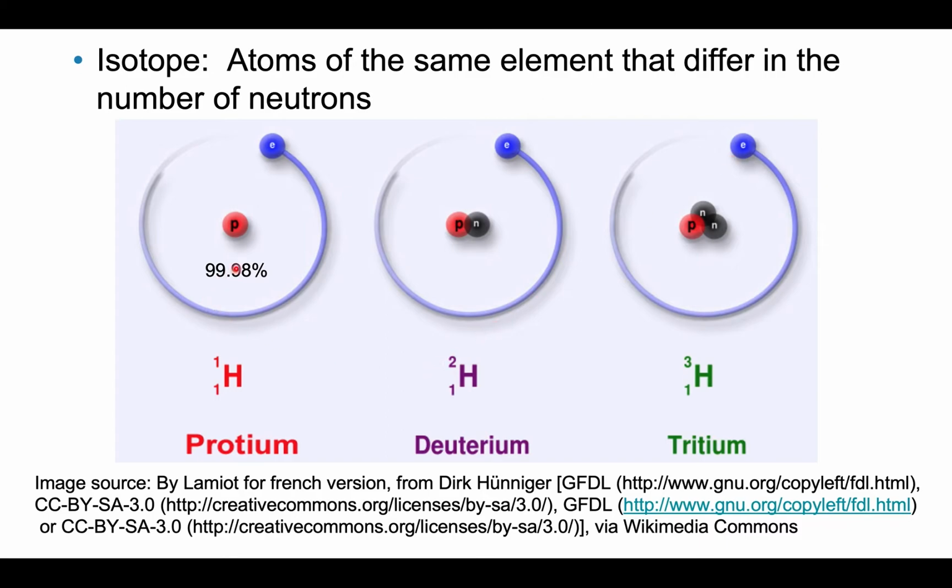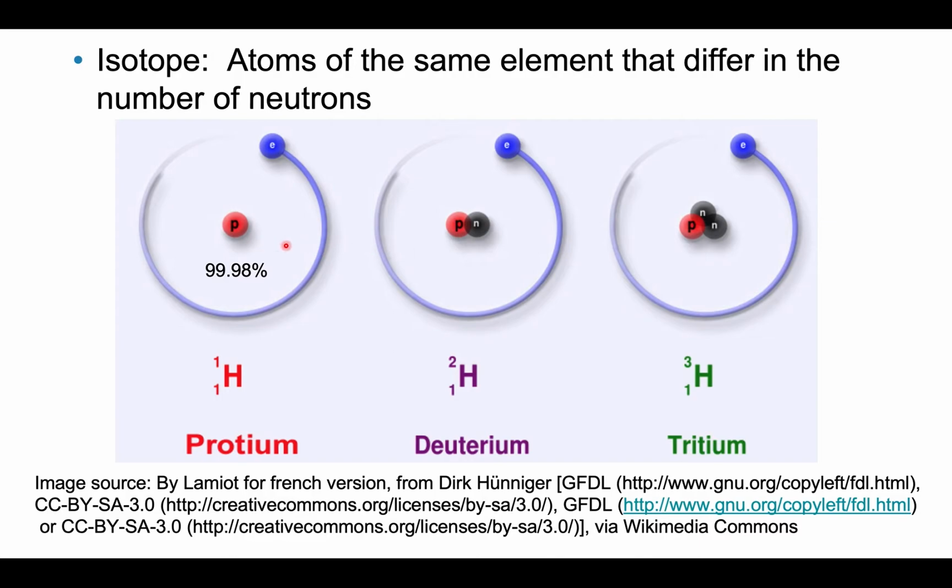So when we go from one isotope to the next, the only thing that changes is the number of neutrons. Now, neutrons don't carry a charge, and they don't really play a part in chemical bonding in elements. So in terms of the chemical properties of an atom, there's really no difference between isotopes of an element.